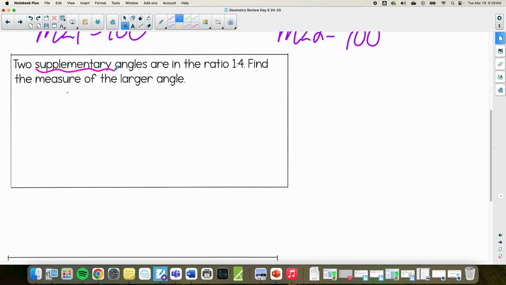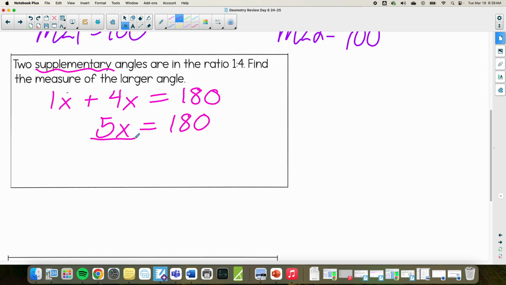What do we know about supplementary angles? They equal 180, okay? So I'm gonna go 1x plus 4 times something would be 4x, has to equal 180 degrees. So if that was 2 and 7, you'd have 2x plus 7x equals 180, okay? 1x plus 4x is 5x.